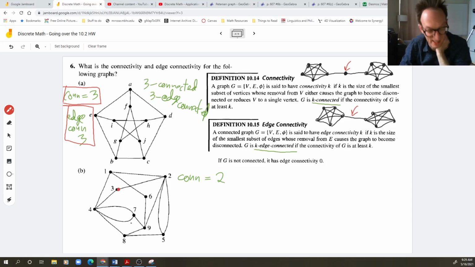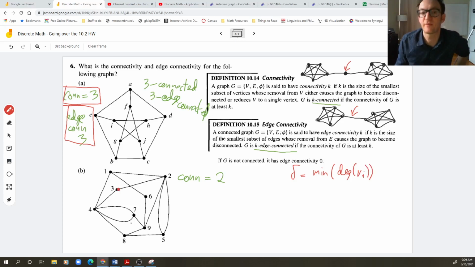And so, in the book, Gossett even defines, let delta be the degree of the minimum degree vertex. So take the degree of every vertex in this graph and let delta be the minimum of all of those degrees.